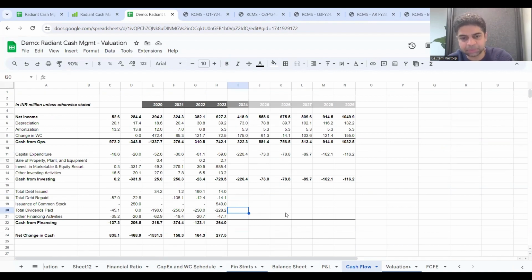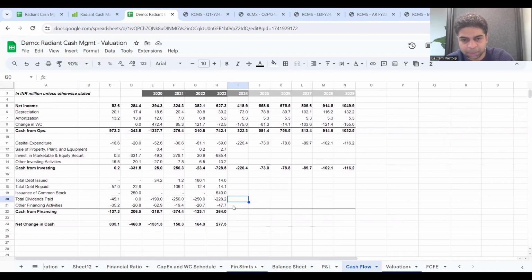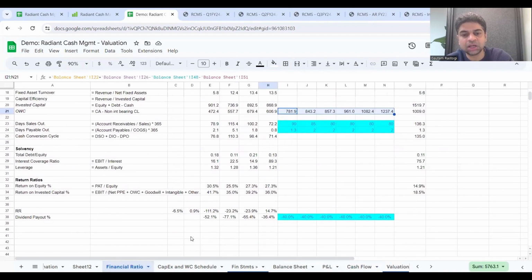Now dividend payments. Yeah, that is something we need to model. Dividend payments were 22 CR, 23 CR last year. If I go to the financial ratio section where I'm maintaining all my ratios, dividend payout was as high as 36% last year.